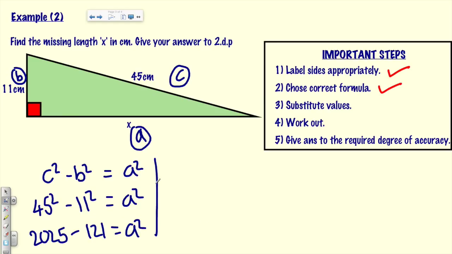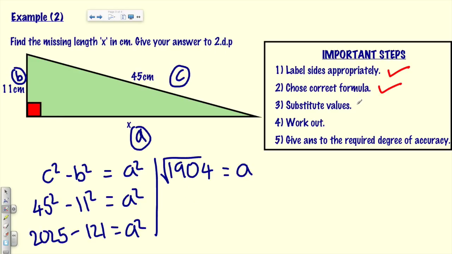So that will be 2025 take away 121, which is 1904. And the square root of this is equivalent to A. Oh, sorry, A squared equals 1904, so A is the square root. And therefore, our answer to two decimal places.